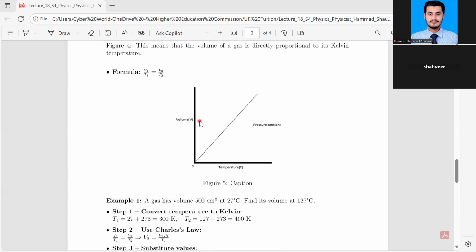And whenever we plot a graph between directly proportional quantities, we get a straight line, because volume is directly proportional to the temperature. That's why we obtain a straight line.